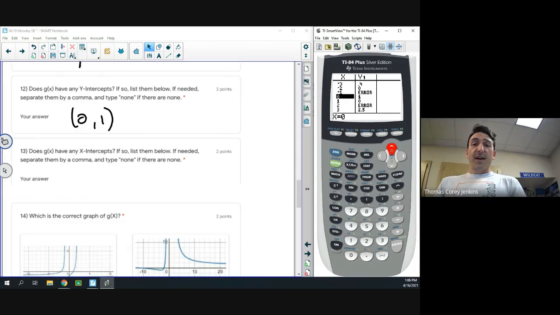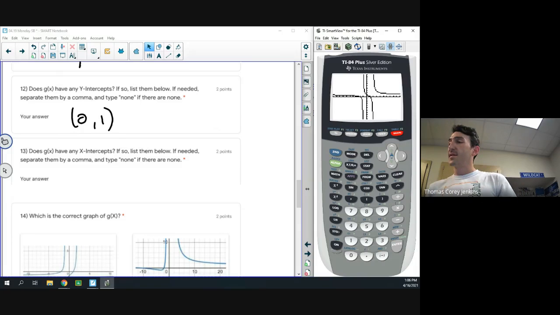Does g of x have any x-intercepts? So let's look at our visual first. Does it cross the x-axis? It appears to a couple times.